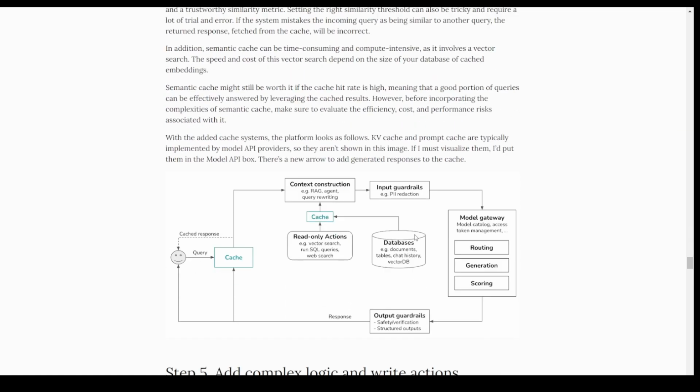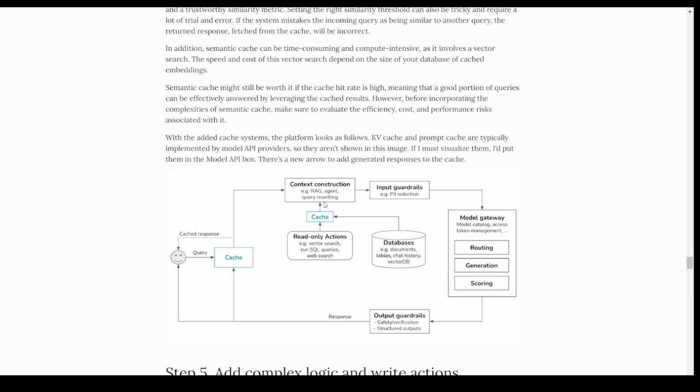Now looking at what the architecture of the system looks like: for the query the user has given, we first search in the cache. If it's already present, we give the cache response. If not, we create a context construction. In the context construction, since a lot of things might be used, like system prompts or data we are getting from databases, we construct that with the cache. If it's not there, then we give it to the particular query.